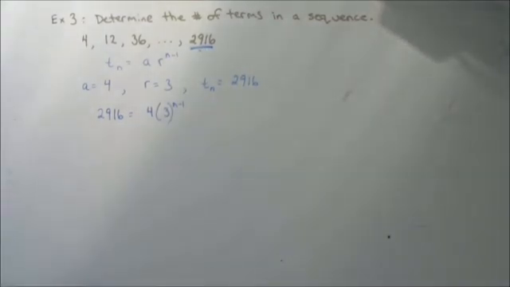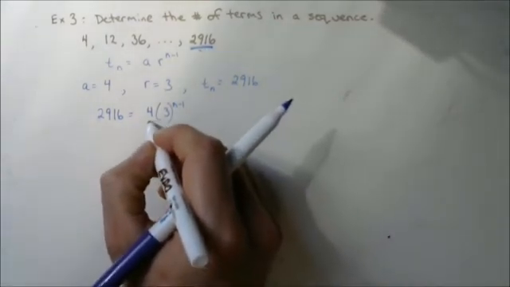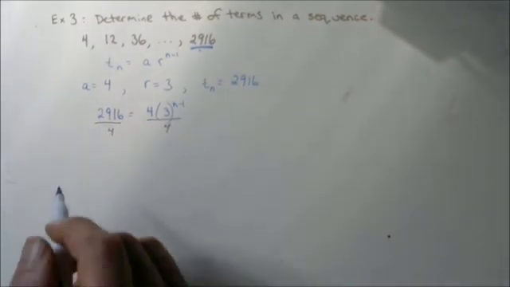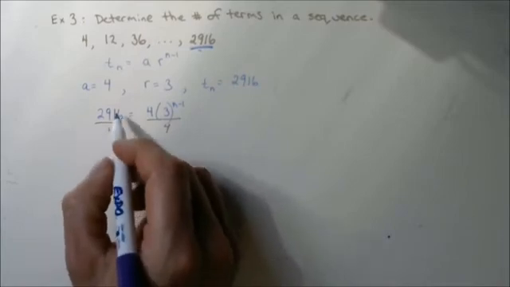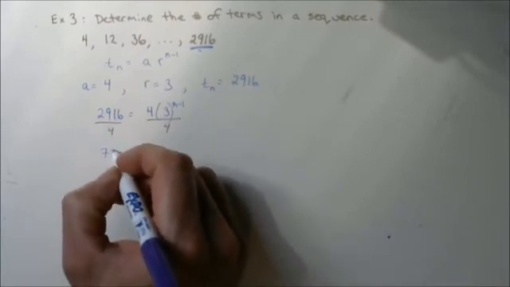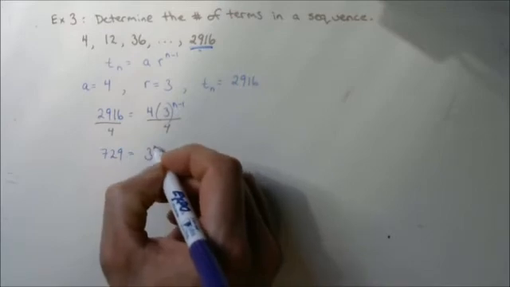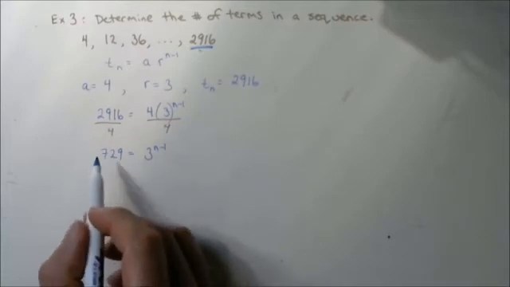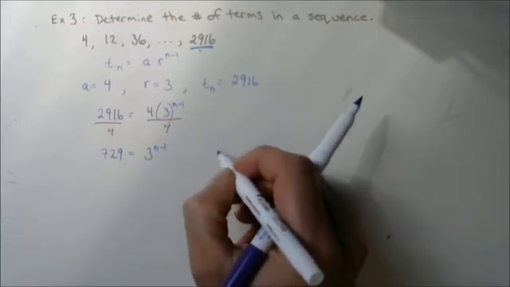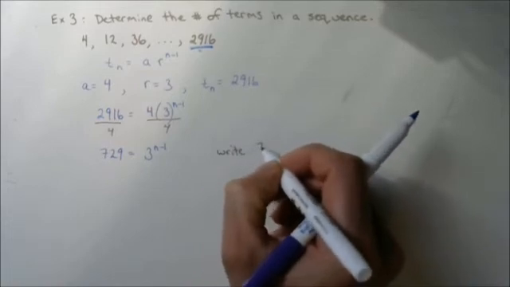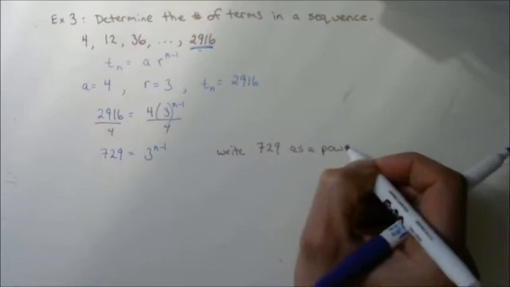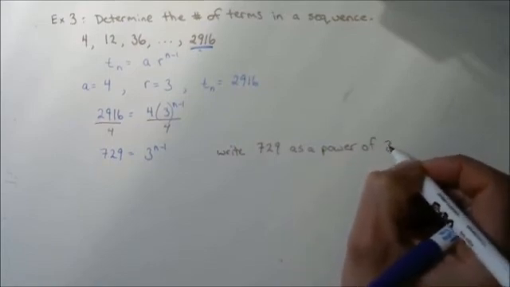Steps to solving this. Let's divide both sides by 4. So we get 2916 divided by 4, which is 729, equals 3 to the power of n minus 1. And then what I can do is simply write this left side, 729, as a power of 3.